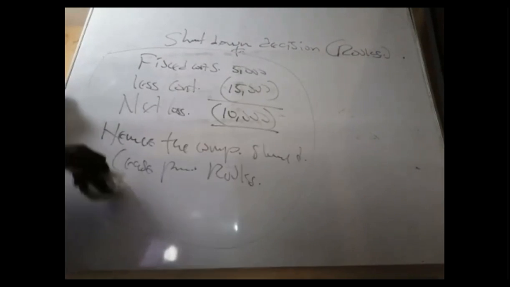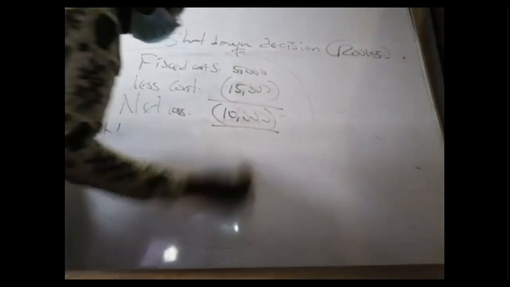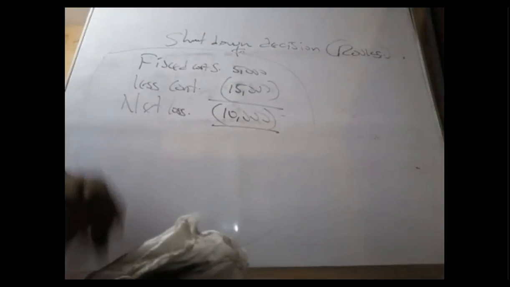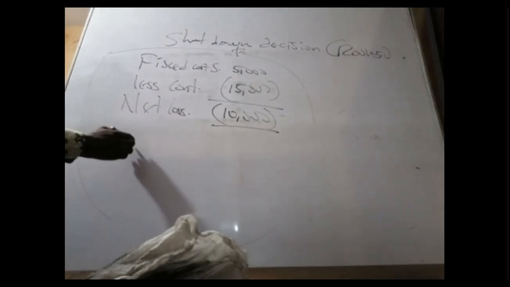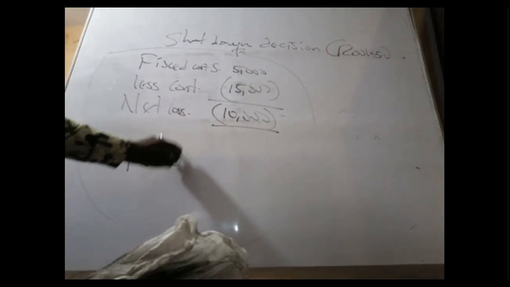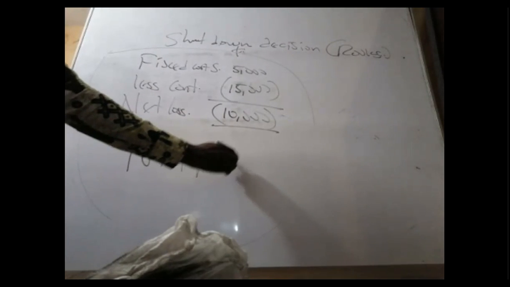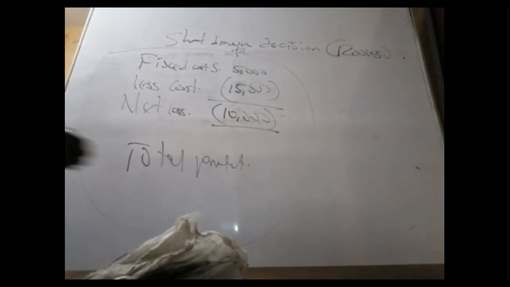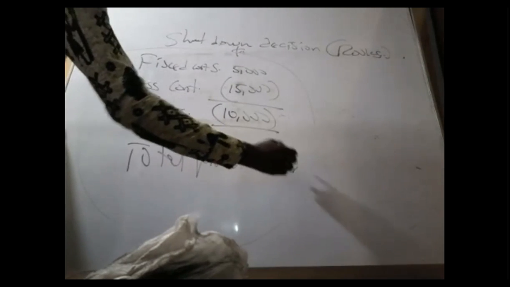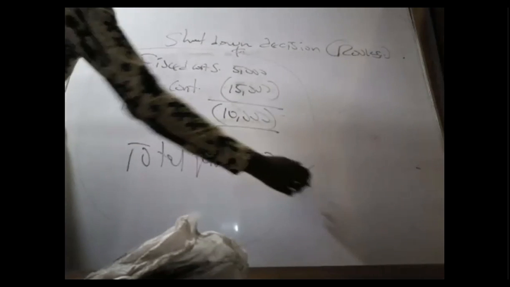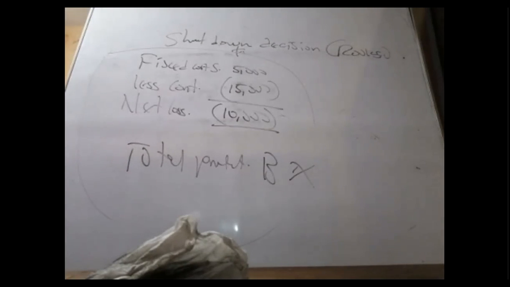You can also provide the workings where you find the total profit of all three products before shutting down, and that's what is in the question. So let's go to the question.